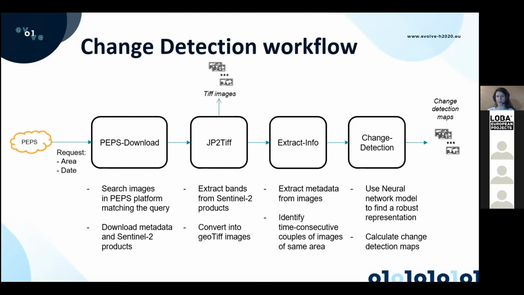This module is really important because it will determine on which couple of images we will compute our change detection map. That is the last module that I just presented to you.